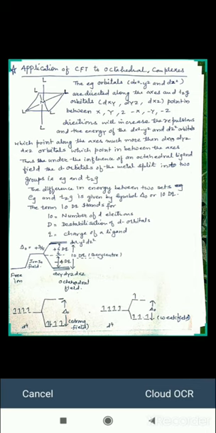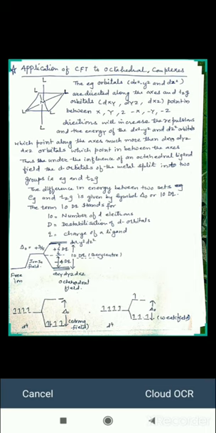Try to understand. When ligands attack the metal, ligands have lone pairs, and this lone pair repels the electrons present in the central metal ion. In this case, ligands are attacking from the x-axis, y-axis and z-axis. Ligands are attacking along the axis, and they are not attacking in between the axis.